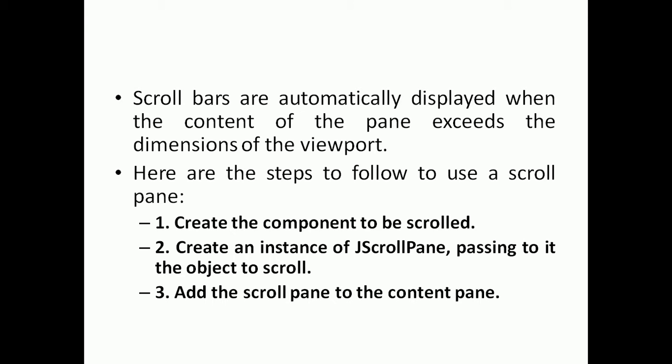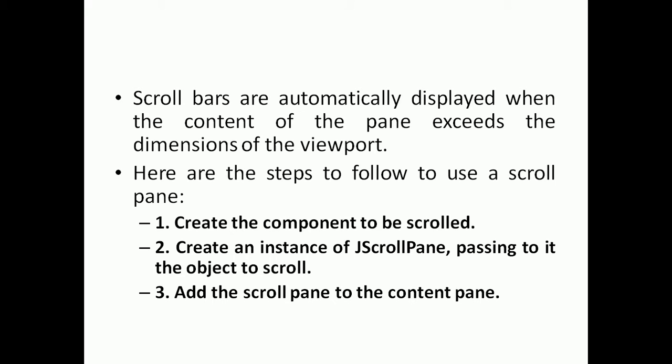So here are the steps to follow to use a scroll pane. First, create the component to be scrolled. Then create an instance of a JScrollPane passing to it the object to scroll. Then add the scroll pane to the content pane. So these are the three steps we need to follow. First, we need to add the components to the top level containers.